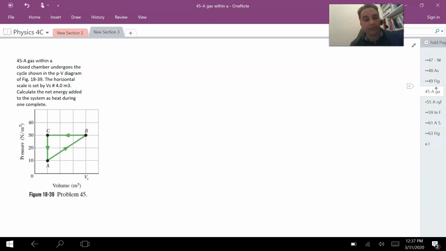Question number 45, what it says. It says a gas within a closed chamber. Okay, so our chamber is closed, undergoes the cycle. So what we see here is a cycle.